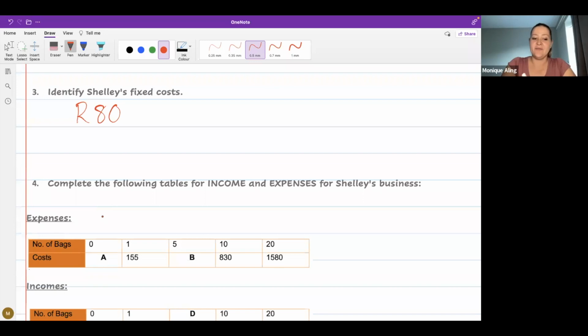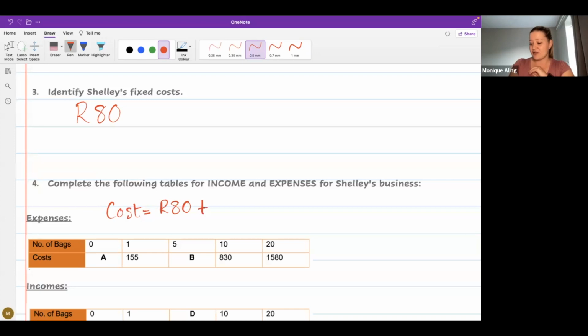Okay, so when we're looking at our expenses, let's think about the very first thing that Shelley is going to pay. Before she even has her stall, she pays what? A fixed cost of 80 Rand. So I'm going to say cost is equal to 80 Rand, because it doesn't matter if she has 10 bags with her, 5 bags with her, she has to pay that 80 Rand.